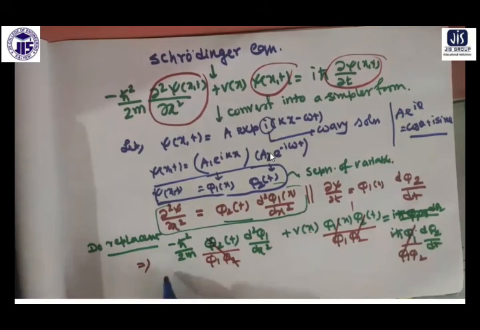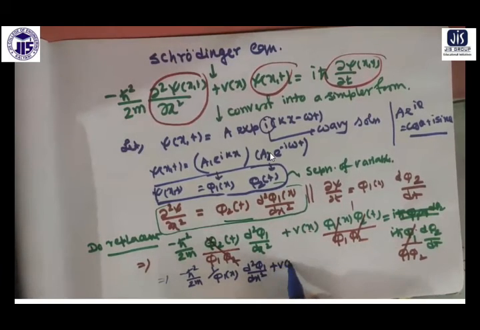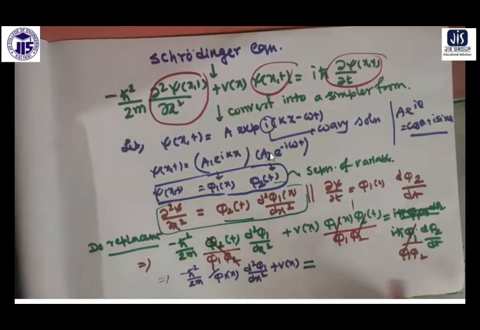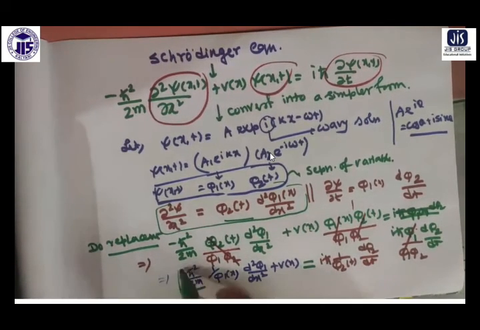So the expression now becomes minus h cut square by 2m, 1 by phi 1x d2 phi 1 dx2 plus Vx, and the right hand side is equal to h cut 1 by phi 2t d phi 2 dt. Now look at this equation in the box.